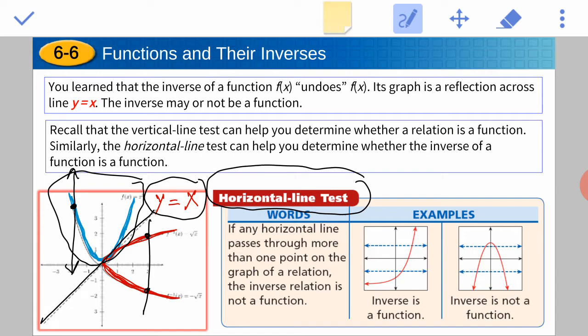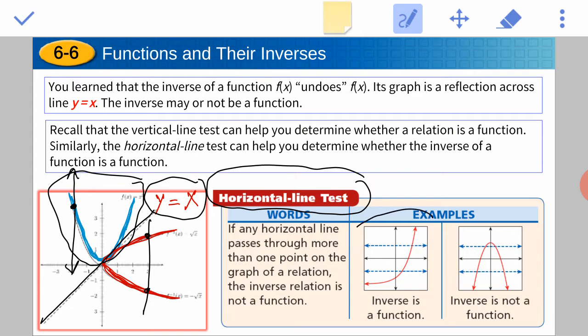We apply the horizontal line test on the original graph in order to determine whether its inverse is going to be a function or not. So remember guys, we're not applying the horizontal line test on the inverse because the inverse is not graphed yet. We're applying the horizontal line test on the original function in order to predict whether its inverse is going to be a function or not.